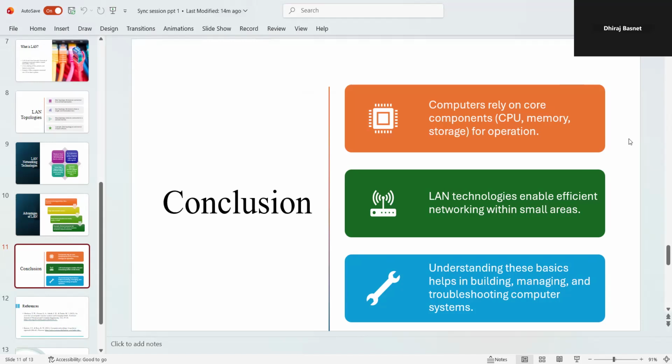LANs play a vital role in connecting computers within a limited area, making communication, collaboration, and resource sharing easy and efficient. Mastering these concepts lays the foundation for learning advanced networking, troubleshooting, and system management skills, which are important in both professional and personal computing environments.